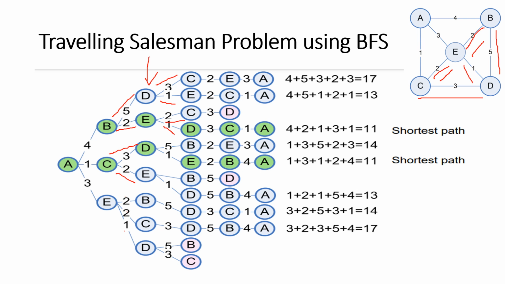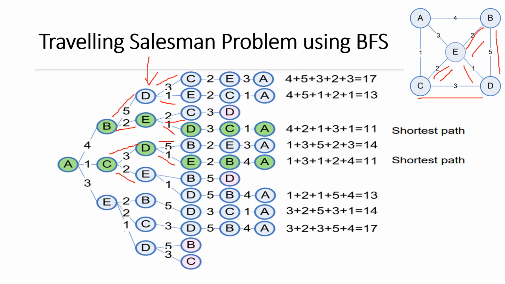And from D it has to move to B, and next is actually E. C is the parent. So here we have two options, E and B.